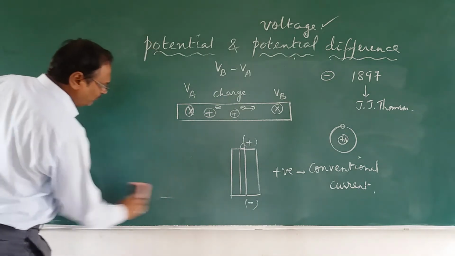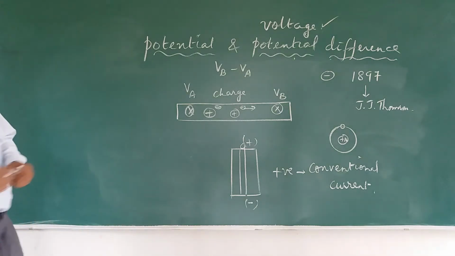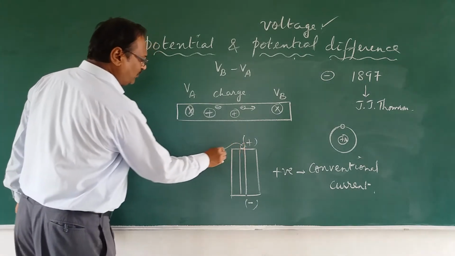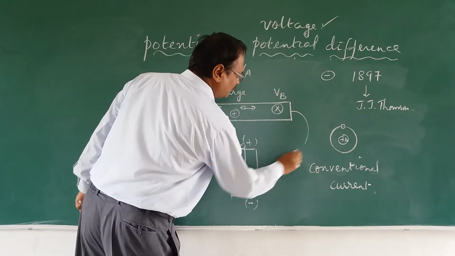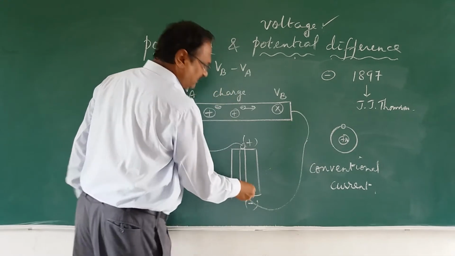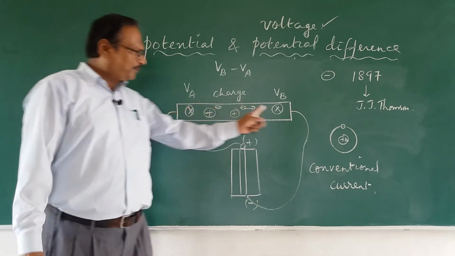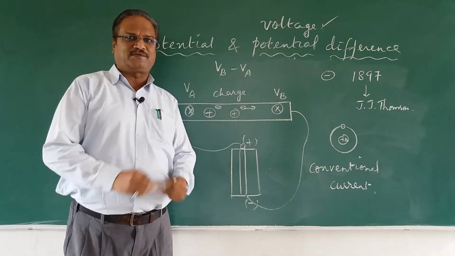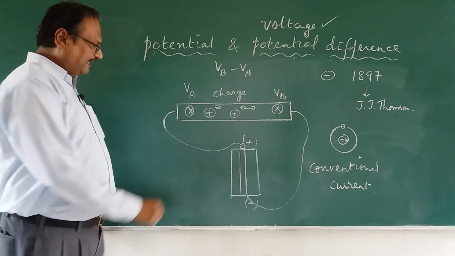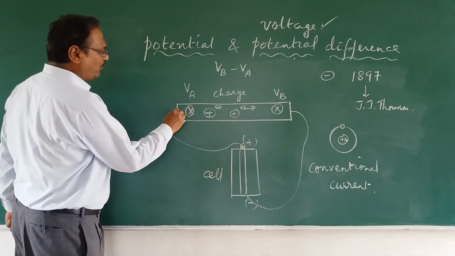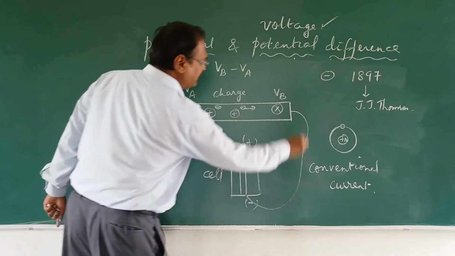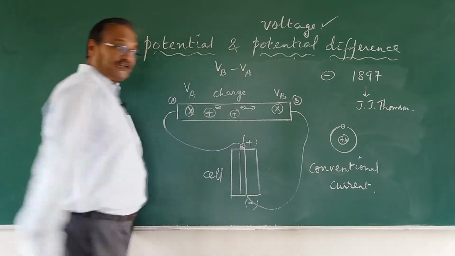Now I connect the positive terminal of the cell to this point and the negative terminal to the point here. The wire does not have positive and negative. I connect the positive terminal of the cell to this point A and the negative to the point B. Then what will happen?